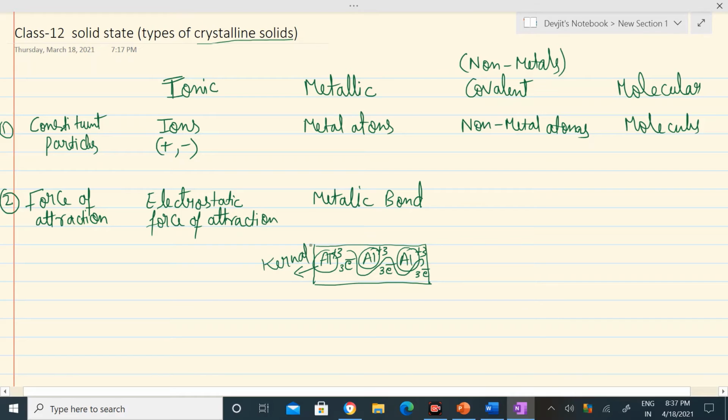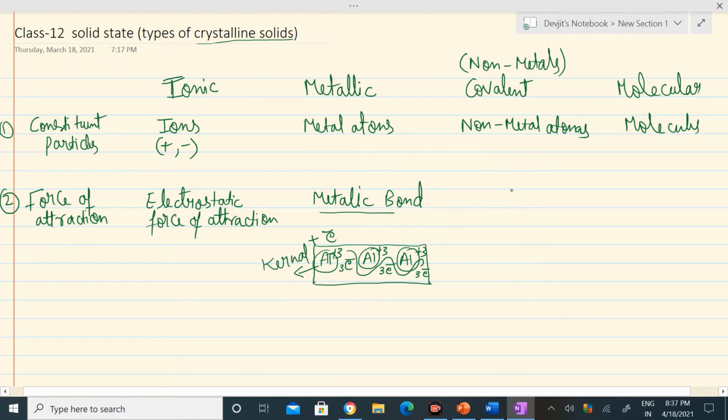So the attraction between kernel and electrons makes a metallic bond. I hope it is clear how the metallic bond is made. Metallic atoms have a tendency to lose electrons. Those electrons revolve around those kernels, and due to the opposite charges, they help each other. So this is called a metallic bond.